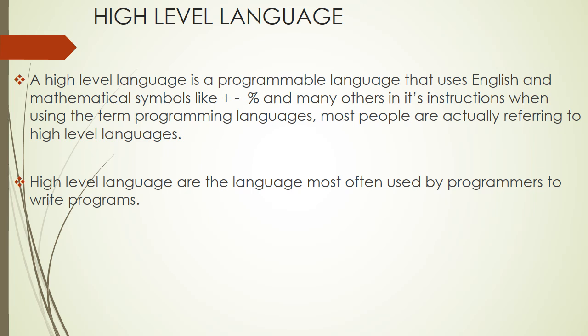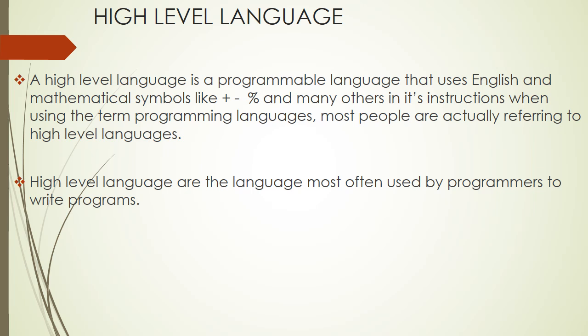So let's take a look at high-level language. A high-level language is a programmable language that uses English and mathematical symbols like positive, negative, percentage, and many others in its instructions.